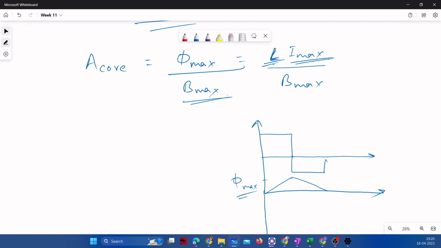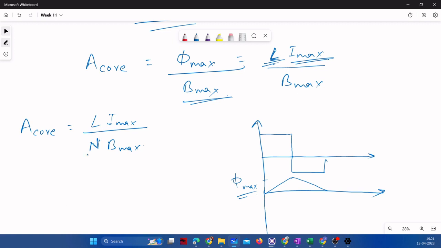And if I move ahead, then I am coming back to the core. Area of core is Li max divided by B max. It was already there, and the number of turns will be added.